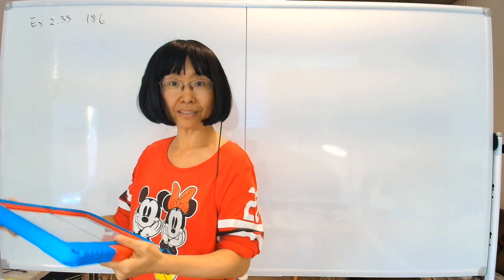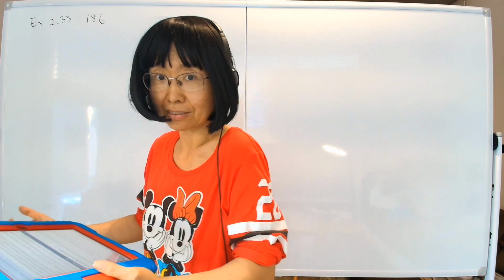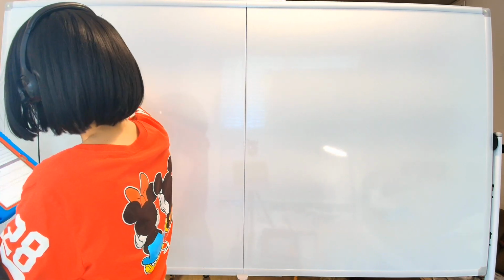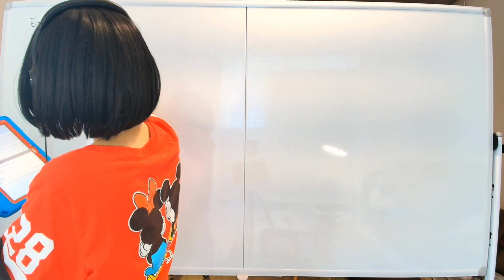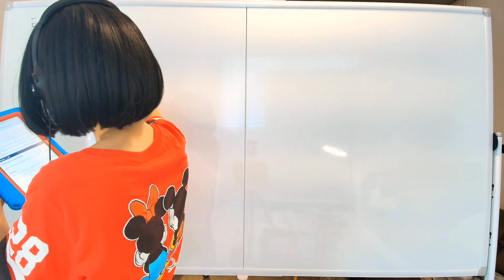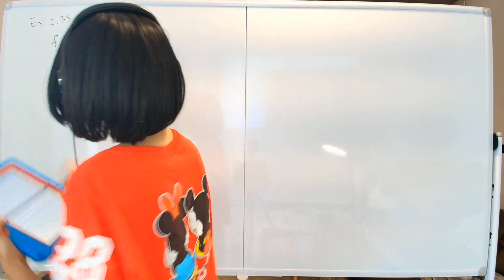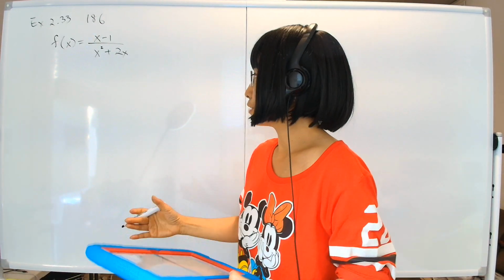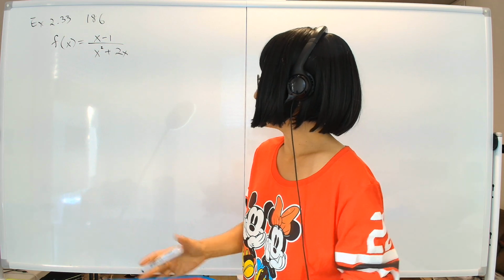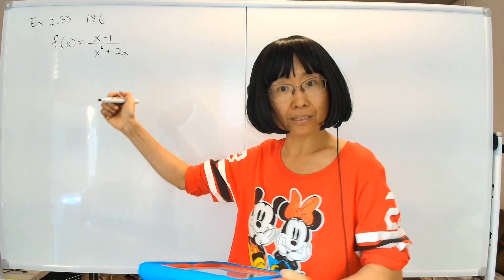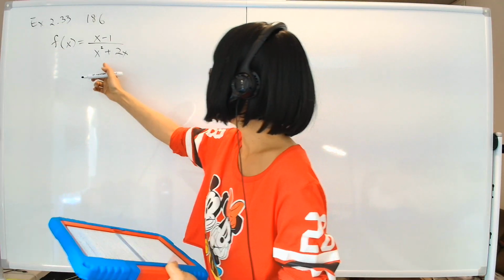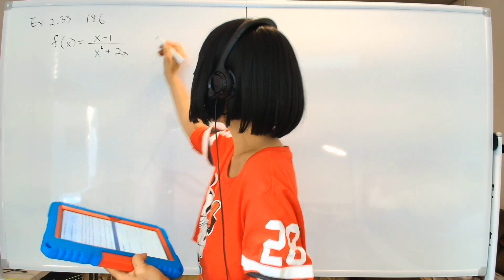Well, it's probably continuous wherever it's defined because it's just a rational function, but we're going to do it anyway. So you have f of x equal to x minus 1 over x squared plus 2x. Here's your rational function, and where is it continuous? Well, you know that it's continuous except where the denominator is 0, where it will crawl up the asymptotes and go to infinity. So first you figure out when the denominator equals 0.